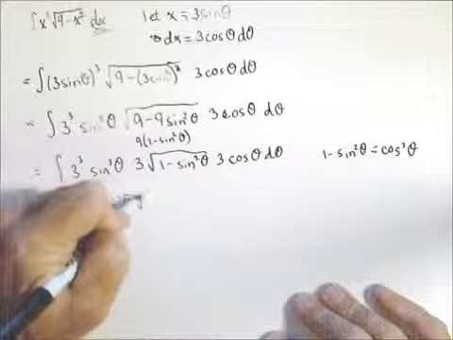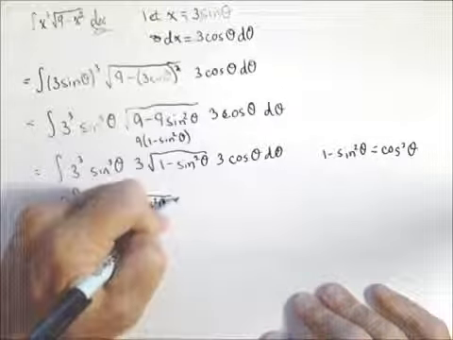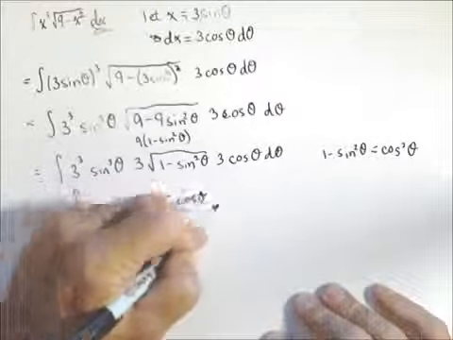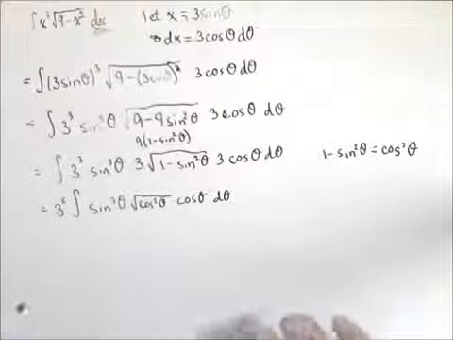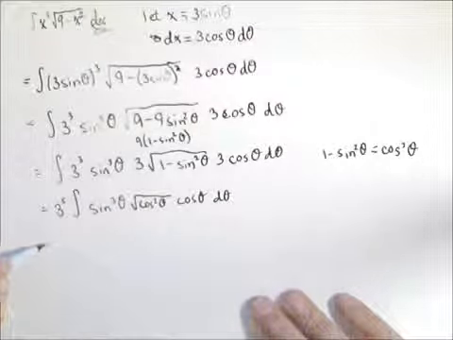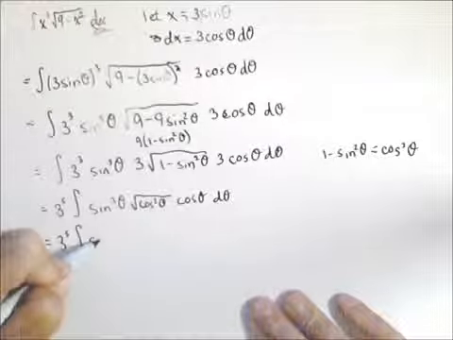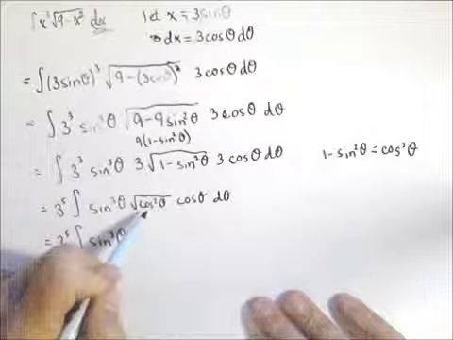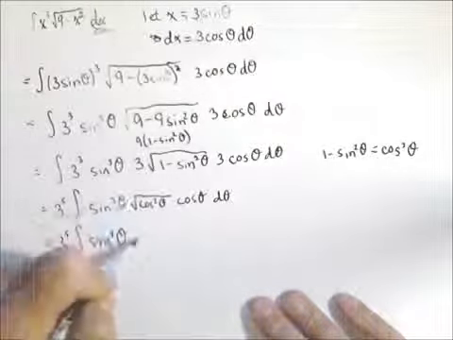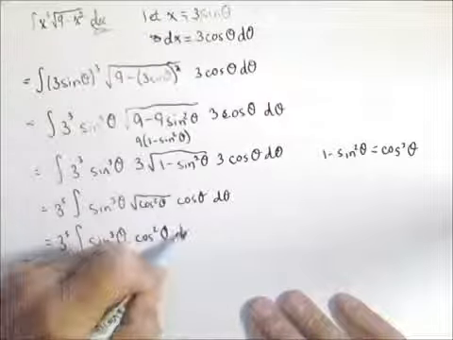So I basically have the square root of cosine squared theta, then another cosine theta d theta. So I got 3 to the 5th sine cubed theta. Square root of cosine squared is just cosine times cosine. So I have a cosine squared theta d theta.